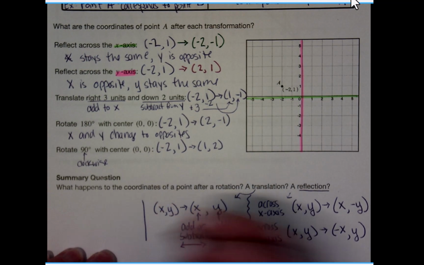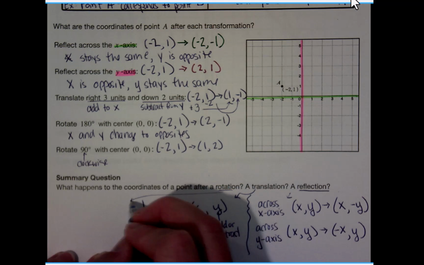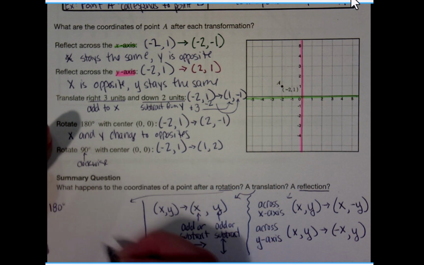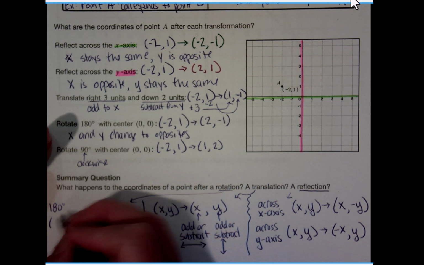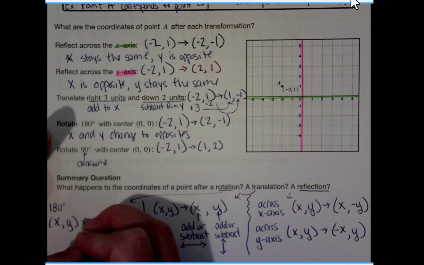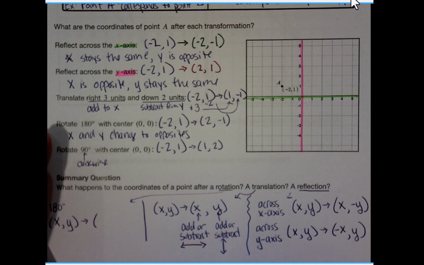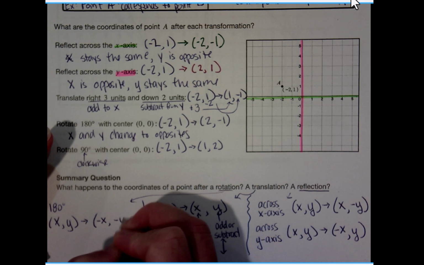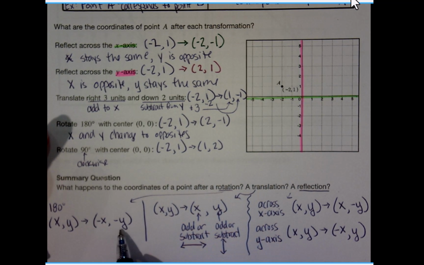And finally, for a rotation, we'll just talk about the 180-degree one. For 180 degrees, it wouldn't matter if we were going clockwise or counterclockwise. The original x and y would just be opposite in the transformed point.